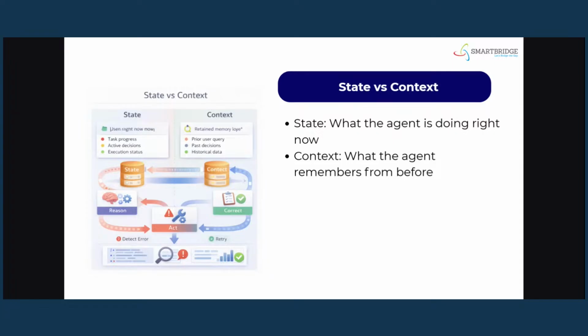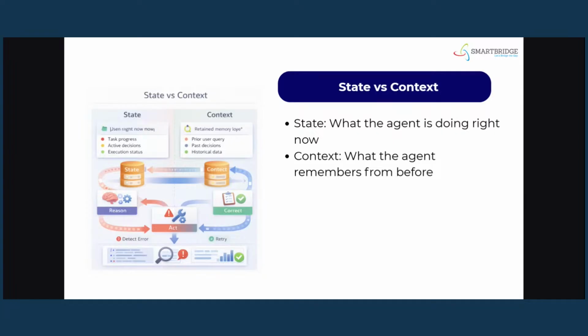In agentic AI systems, state helps the agent continue a task without restarting, and context helps the agent respond intelligently across interactions. Engaging both correctly ensures that the agent behaves consistently, avoids confusion, and provides a smooth experience even in long-running or complex tasks.